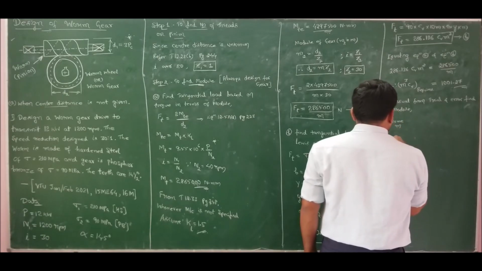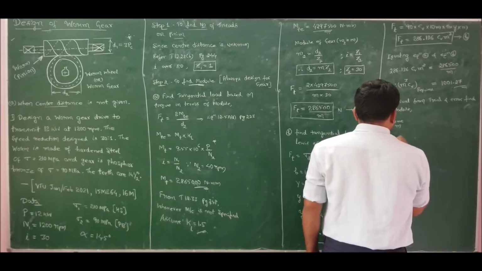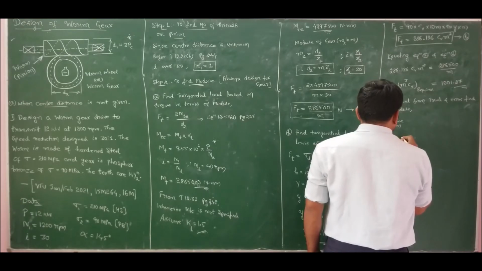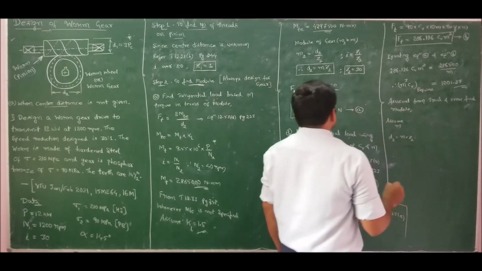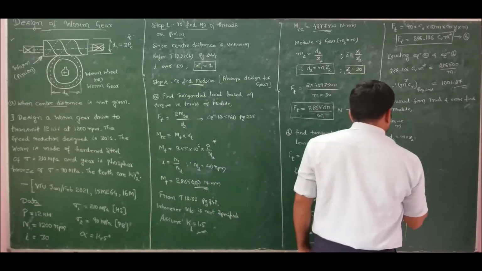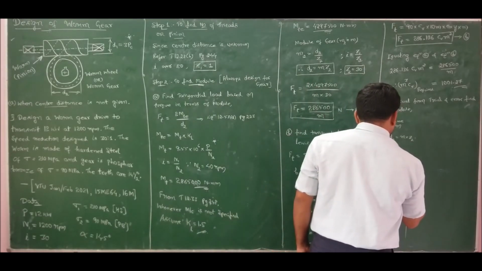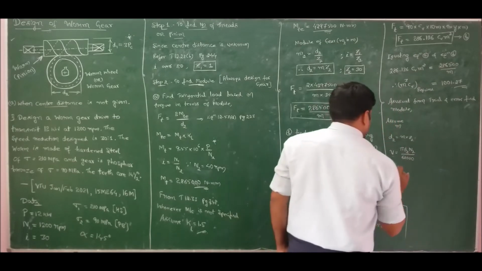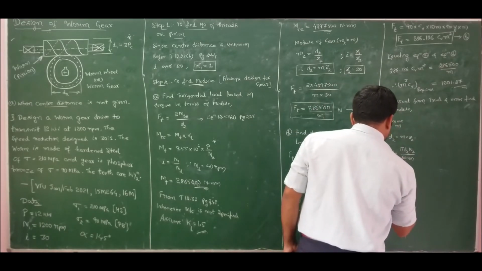If I assume module, I can find the value of diameter d2. d2 will become m into z2, because z2 is already known to us. Once I find the value of d2, I can find the velocity V. V is given by pi d2 n2 by 60,000. Once I find the velocity, I can find CV.